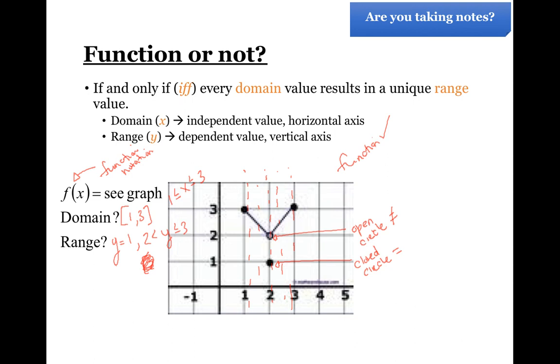Nope, it's not included. Stop. 2 to 3, including 3. So that could work as well. There's a lot of different ways you could write it, like 1, comma, 2 to 3. There's a lot of different ways you can indicate that, and I'm not going to be picky about that as long as you're recognizing what is included and what's not. And that is an important concept for domain and range.